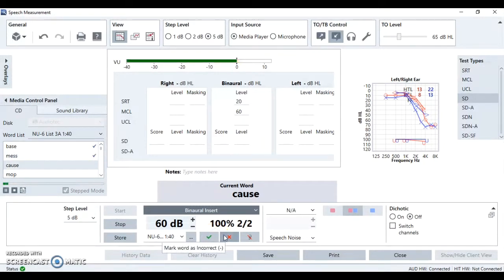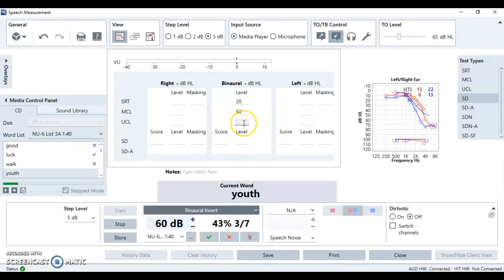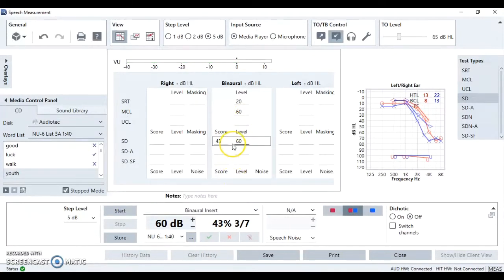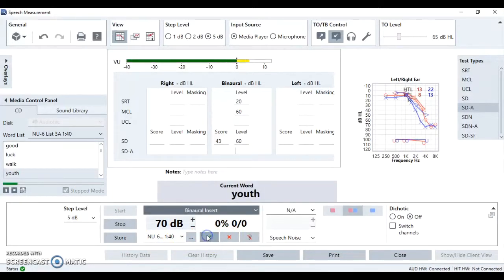A person with good hearing, a person who is understanding speech well, functioning at a normal level, is going to understand 98%, 100% of the words correctly at a comfortable volume. If a person's having trouble understanding the words, even at a comfortable volume, then they're having trouble with speech understanding.